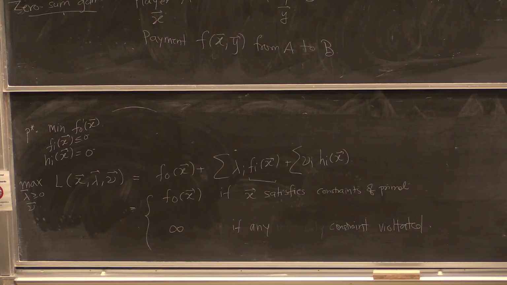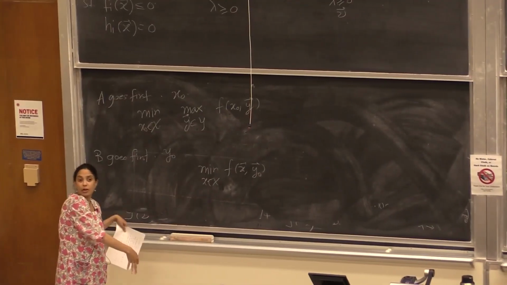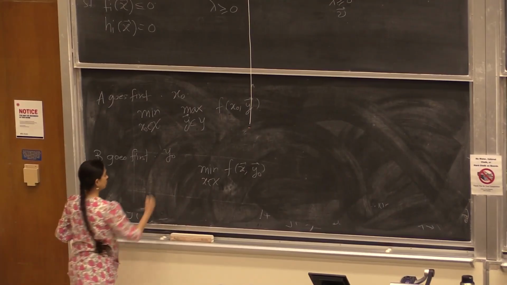So now what I'm going to do is choose the min x for this thing. And therefore, knowing that I'm going to minimize, how are you going to choose your y naught first move? You're going to choose your y naught in a way that maximizes this quantity, right? Because you know I'm going to try to minimize it afterwards.